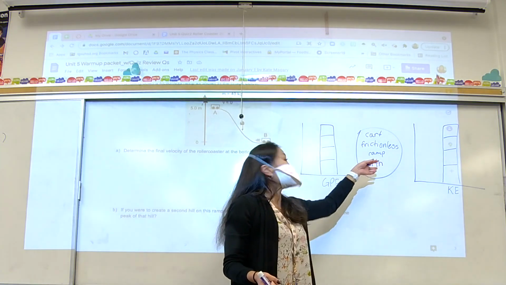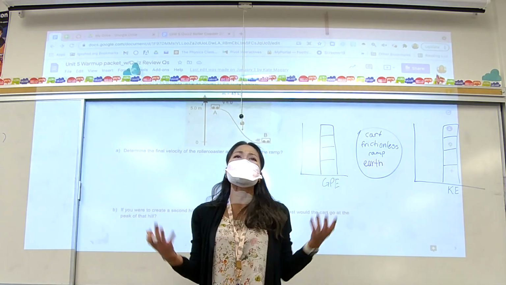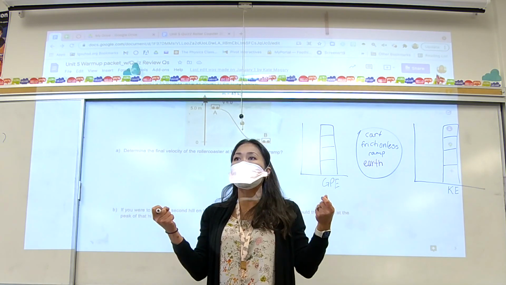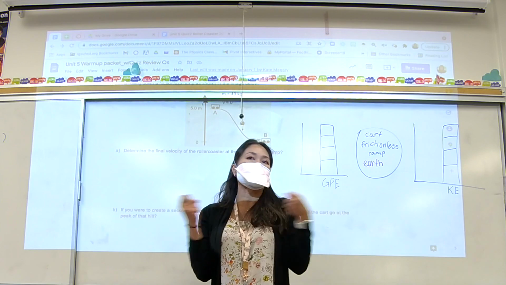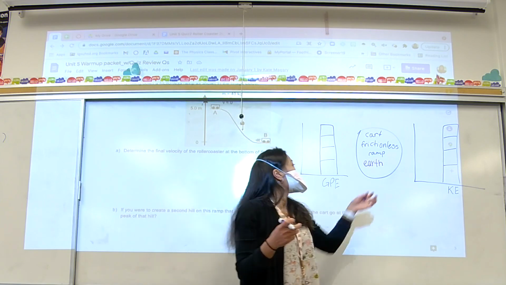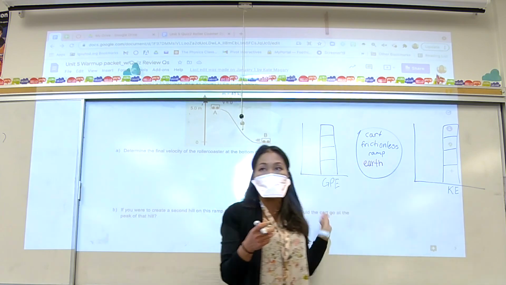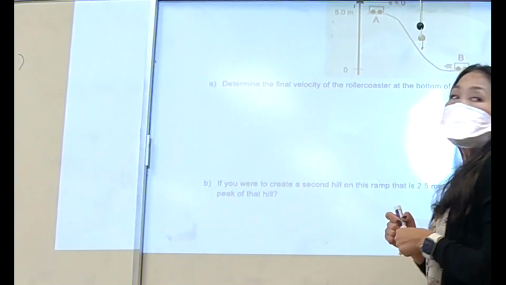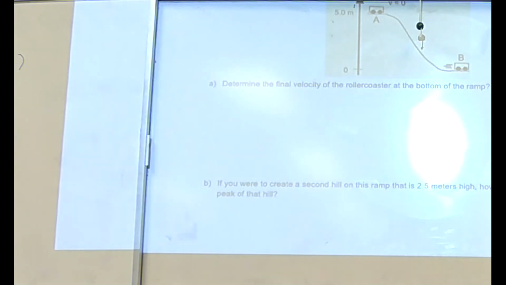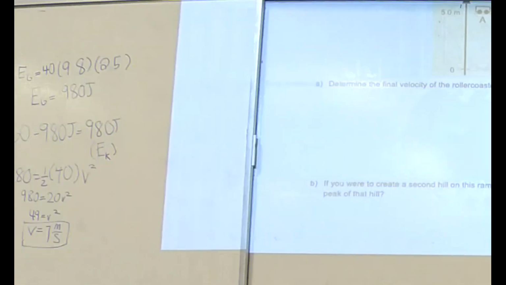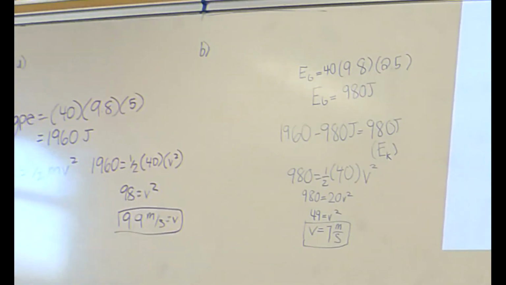So you want to make sure to include Earth, the same way you want to make sure you include a spring or a rubber elastic or whatever creates the elasticity if you had elastic potential energy. So let's go on to any questions on the LOL chart. First of all, that's our foundation.